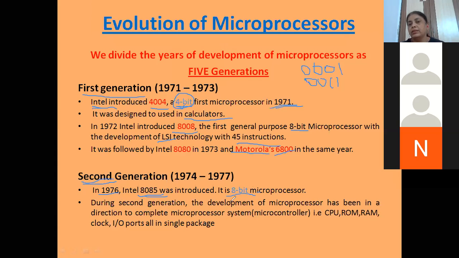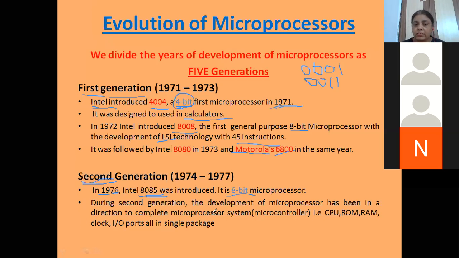The word size of this microprocessor is 8-bit. One question is there, later on we will do: write the features of the 8085 microprocessor. So you can make this one feature, that it is an 8-bit microprocessor.